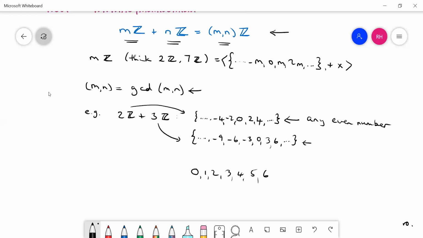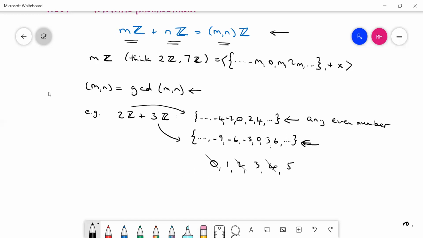This is not a good way to explain it, really. If you've got the numbers 0, 1, 2, 3, 4, 5, you get rid of the even numbers because you don't even need this bit to create that.